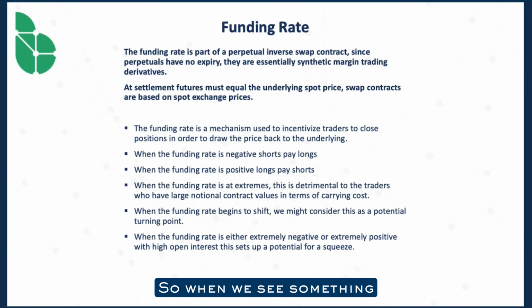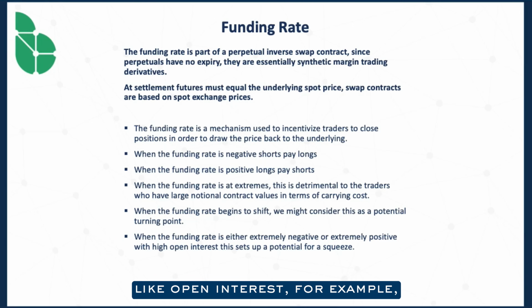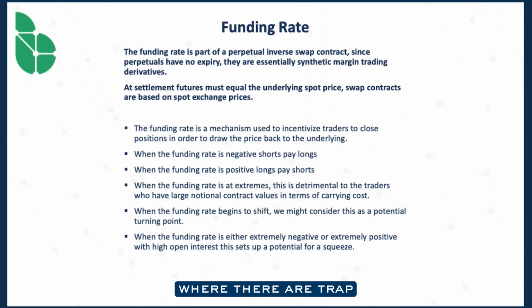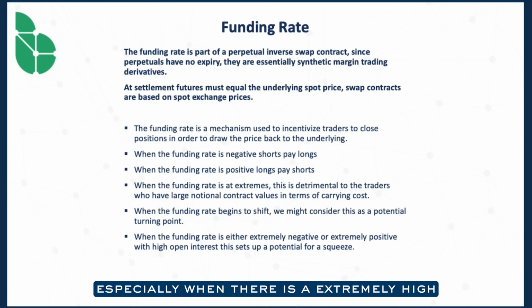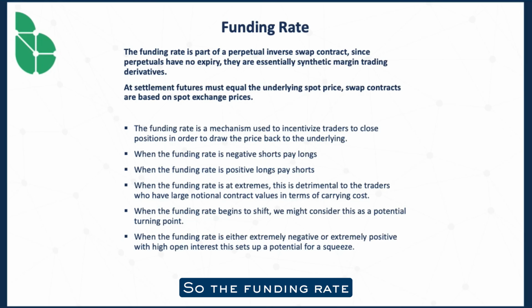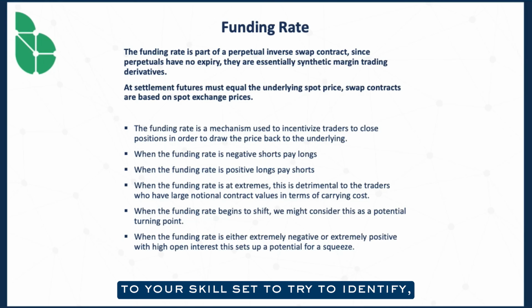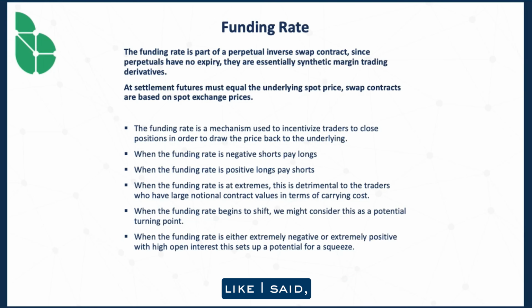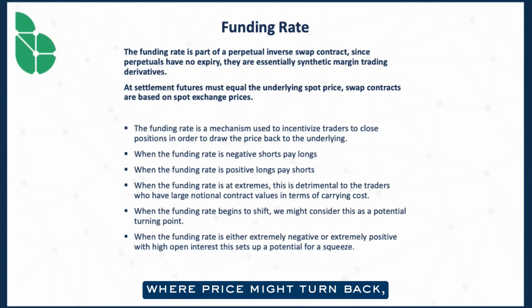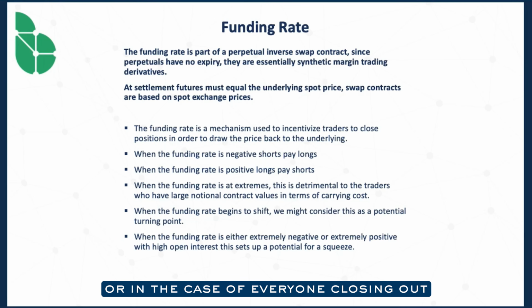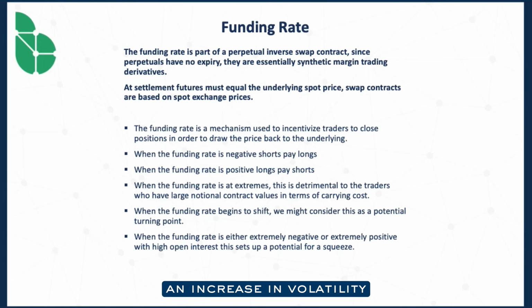When we see that open interest is really high, this can help us identify where there are trap traders, for example, especially when there's an extremely high or extremely negative funding rate. So the funding rate is just something that you can add to your skill set to try to identify, like I said, where these potential areas might be, where price might turn back, or in the case of everyone closing out at the same time, where there might be an increase in volatility.